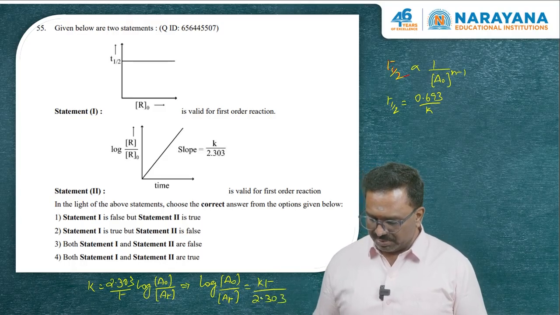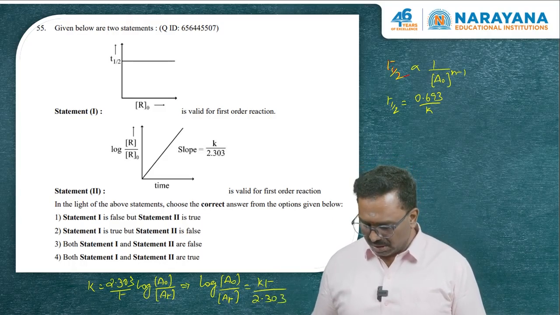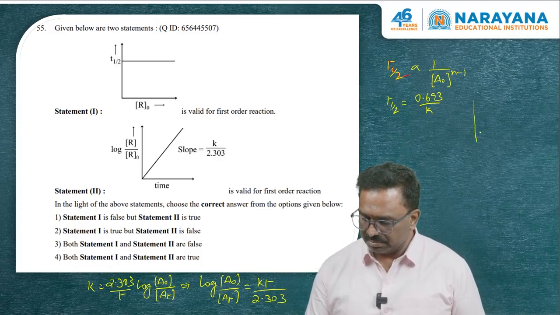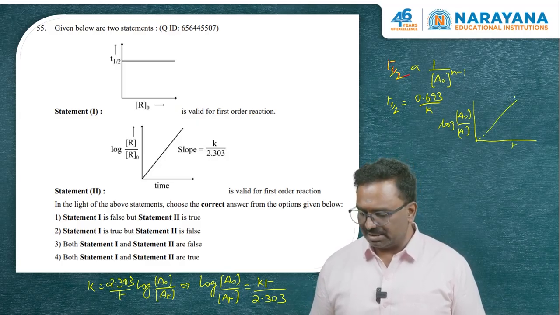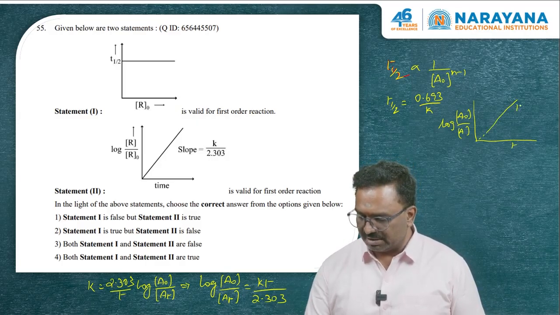Now when a graph is drawn between log of A naught by concentration at time t versus t, it is a straight line passing through the origin. Slope is equal to k by 2.303.